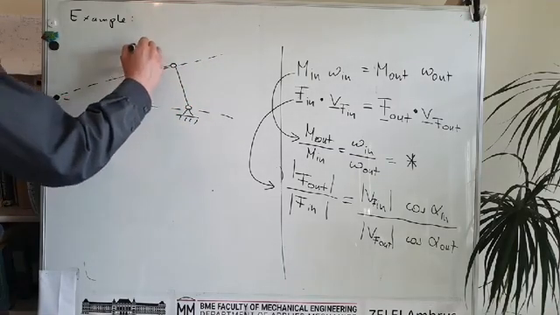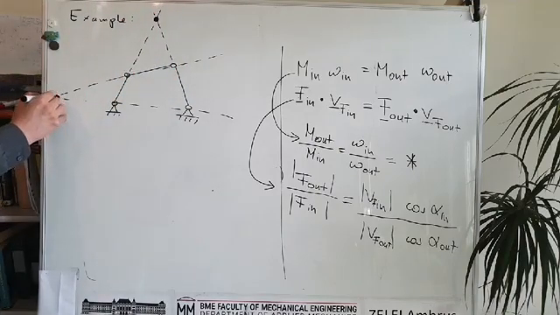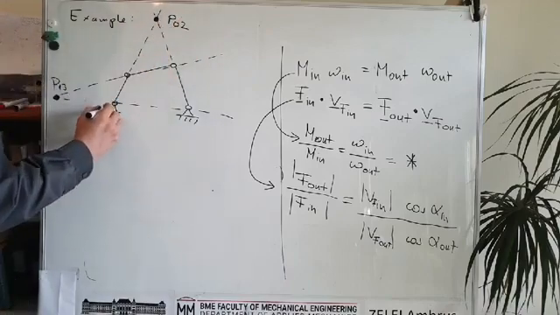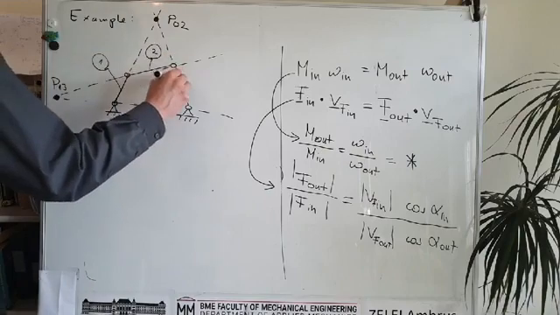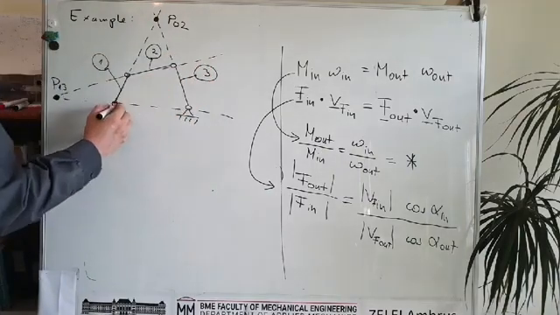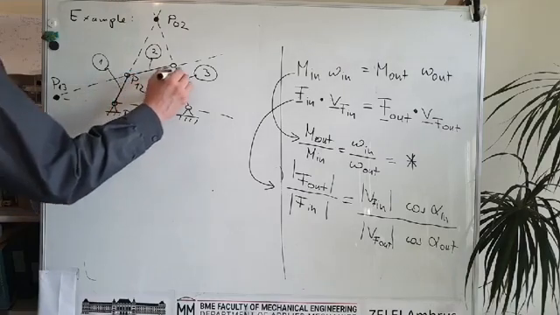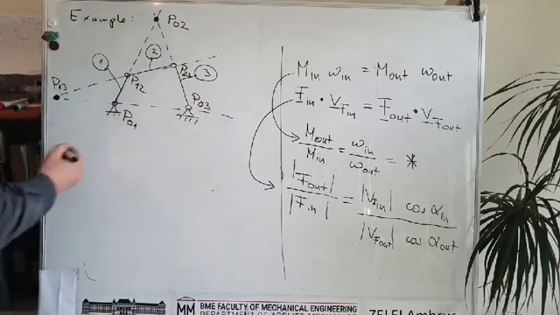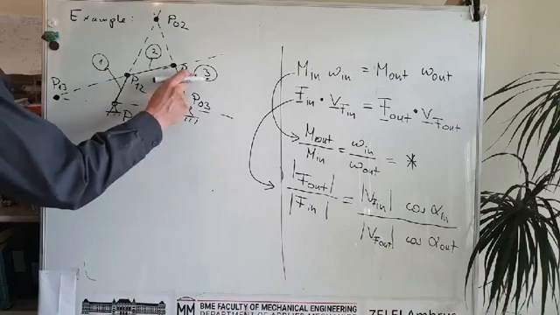After having the Kennedy lines, you will have the information of each instantaneous center of velocity. So this is number 1, 2 and 3, and this is P01, P12 and P23 and P03. So you have all of the relative instantaneous centers of velocity.